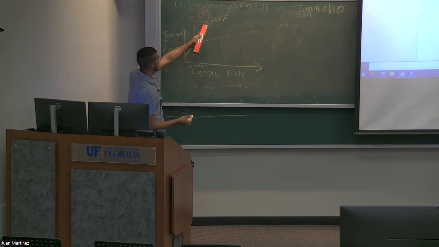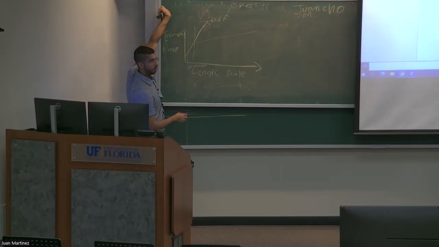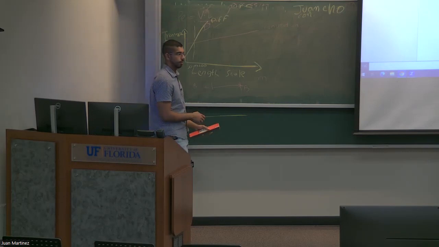So in this problem, you're using this knowledge that you'll get on Wednesday to see what Pe gives you. We said that 0 means diffusion is dominant, 1 is equal, and infinite means convection is dominant.